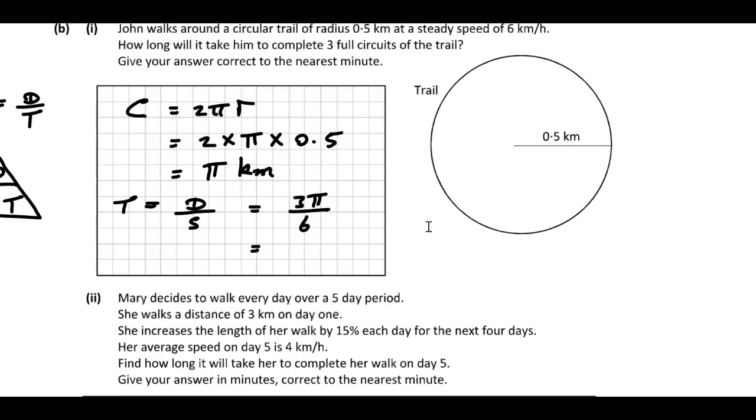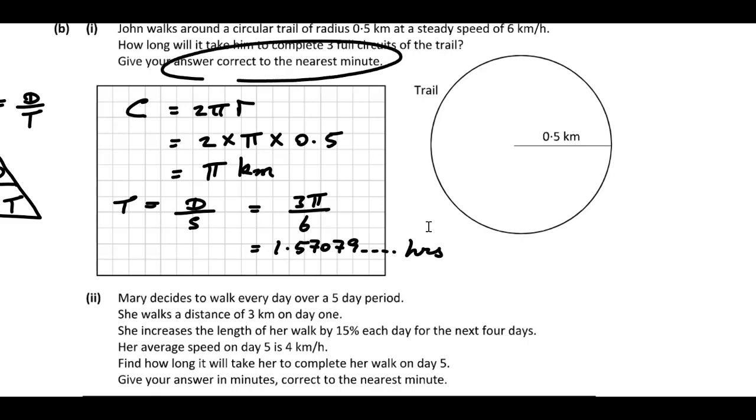Multiply pi by 3, and then divide your answer by 6, and that gives you half pi. Change that, and you get 1.57079, and so on. Now this is hours, because remember we were talking about kilometers per hour up here.